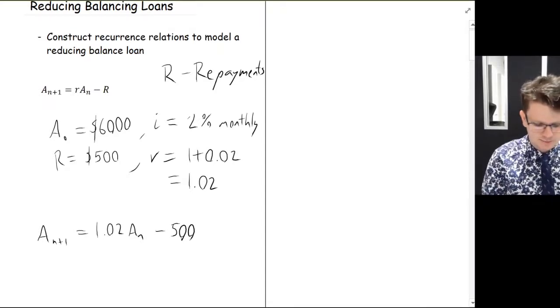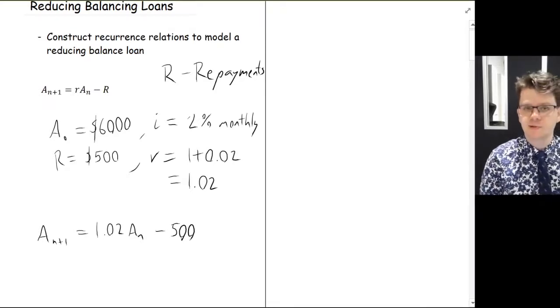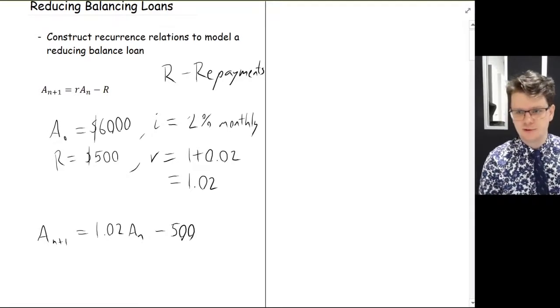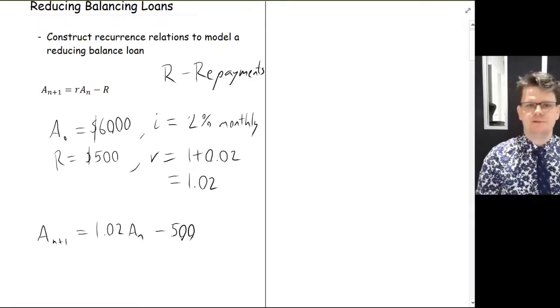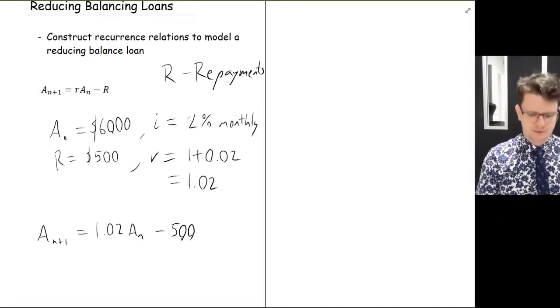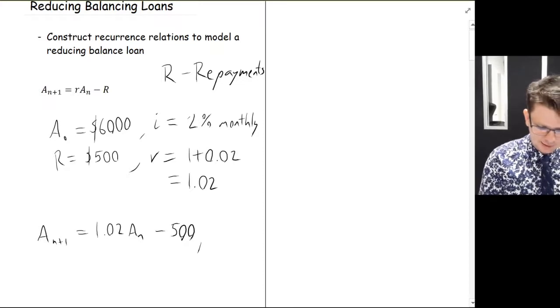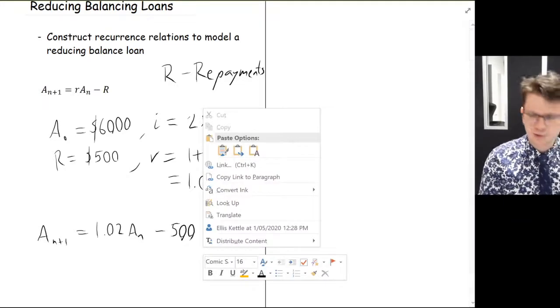The next term is equal to 1.02 times the previous term, subtract $500. And our goal is for this to actually get to 0 eventually. So let's see how it goes.